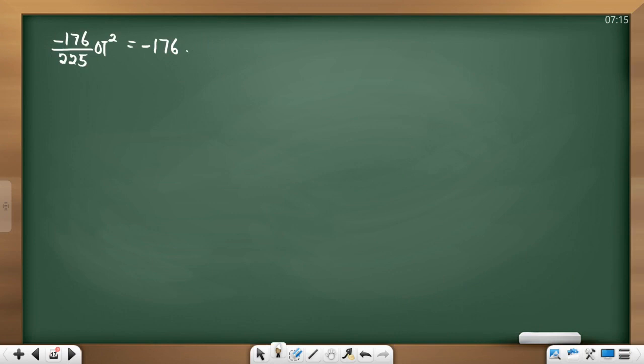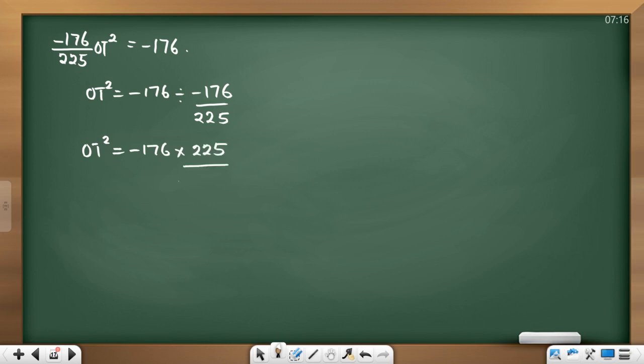It depends on you now. All right? It really depends on you. You can divide both sides by negative 176 over 225. So OT squared is negative. You can use your calculator. I'm old school a little bit. And that will divide. So OT squared equals to 225. What is that? The square root of 225. OT is actually 15.